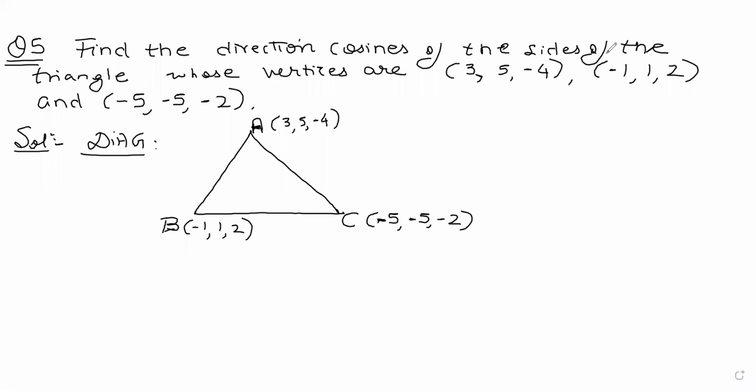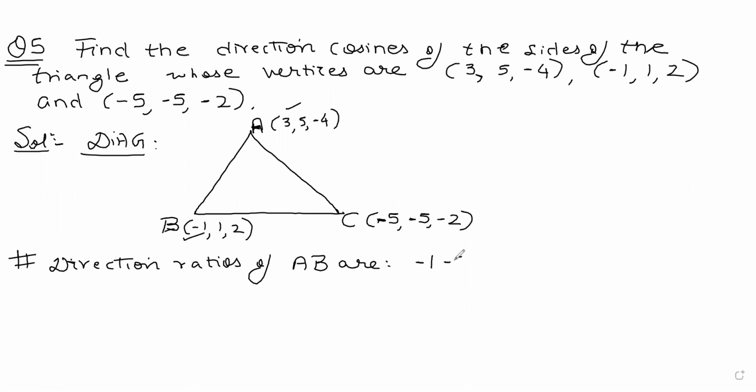Okay, so the direction ratios of AB are minus 1 minus 3, 1 minus 5, 2 minus of minus 4, that makes it 2 plus 4. So this is nothing but minus 4, minus 4, and 6. So these are the direction ratios of AB.